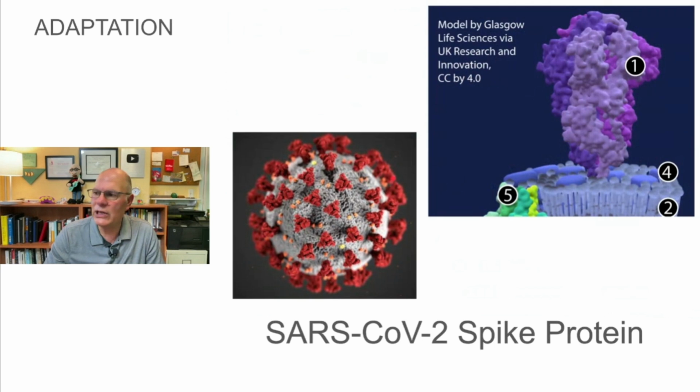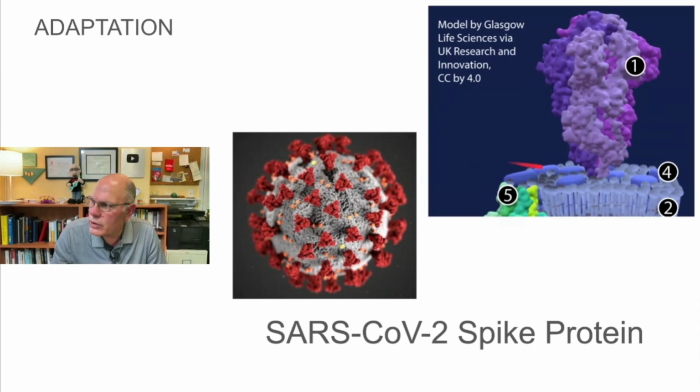Here's another adaptation. This is an adaptation that involves the spike protein of SARS-CoV-2. So this is a vastly magnified picture of the SARS virus. On the outside of the SARS virus are these little spike proteins, and it's the presence of all of these that make this into a coronavirus. Now, here's the thing.